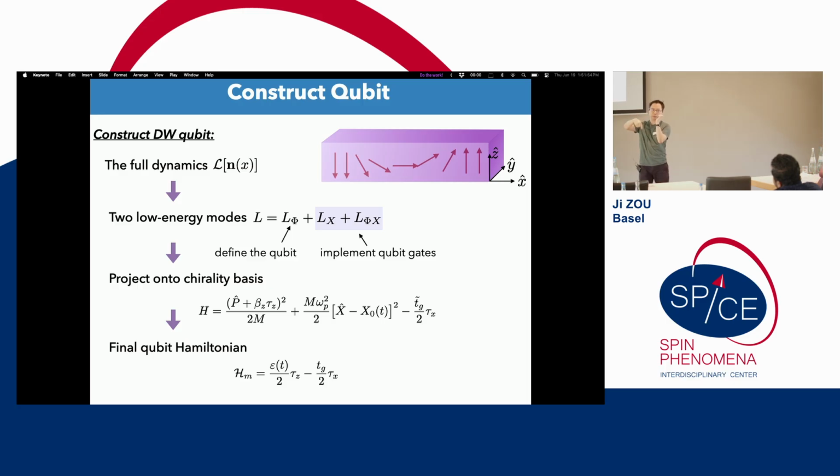It would start to rotate the qubit. And eventually, if we project out this real space wave function, then we arrive at a very simple-looking Hamiltonian. I'll tell you more about this Hamiltonian in the next slide.